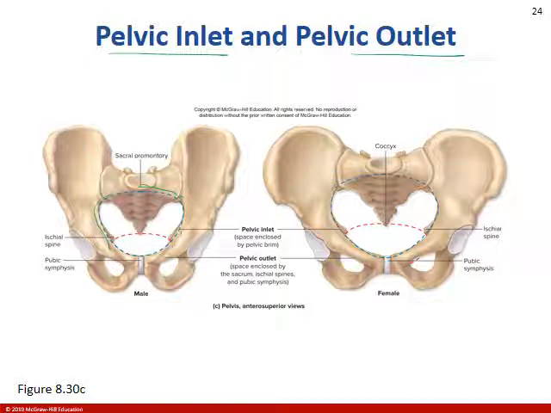And you can see that incorporates part of the ilium. So you might also be thinking false pelvis, right? And then the pelvic outlet is this space here that's bordered or defined by the sacrum, the pubic symphysis, and the ischial section or region of the os coxae.